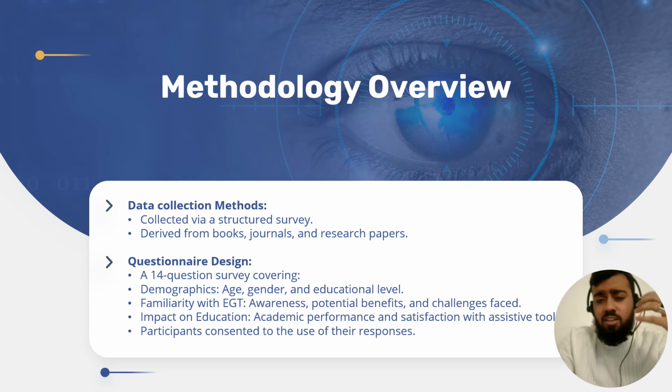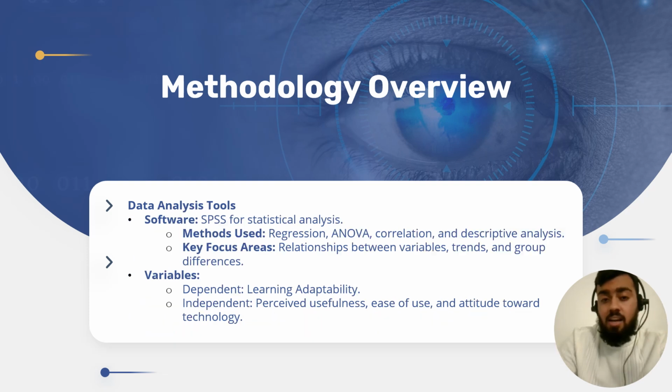We discussed demographics and education level, their familiarity with eye gaze technology in the UK, the challenges they feel they could face using it, and the impact on education if they use this technology. We did this using SPSS.